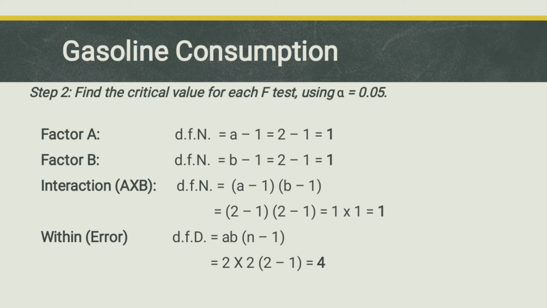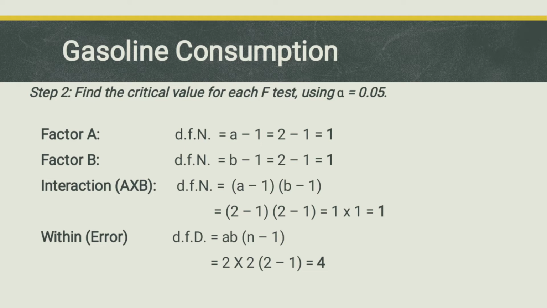The degrees of freedom for each factor are as follows. For factor A, the degrees of freedom numerator is equal to A minus 1. Substitute the value of A, so 2 minus 1 is equal to 1. For factor B, the degrees of freedom numerator is equal to B minus 1. Substitute the value of B, so 2 minus 1 is equal to 1. For the interaction of both factors, the degrees of freedom numerator is equal to quantity A minus 1 multiplied by quantity B minus 1.